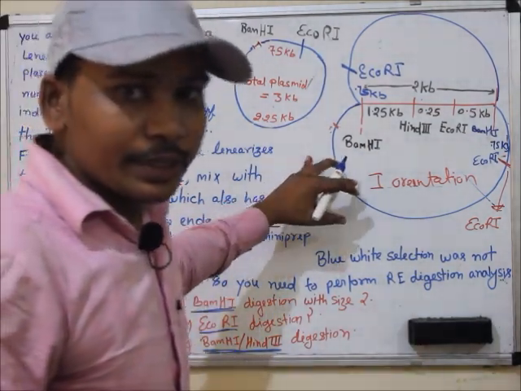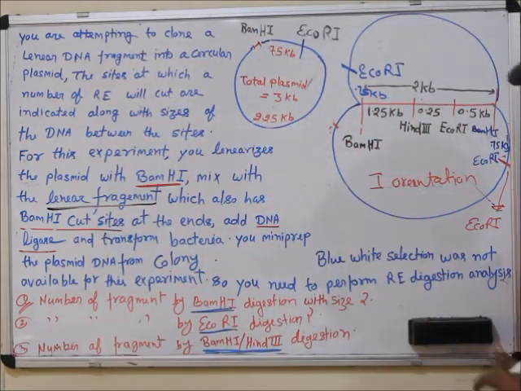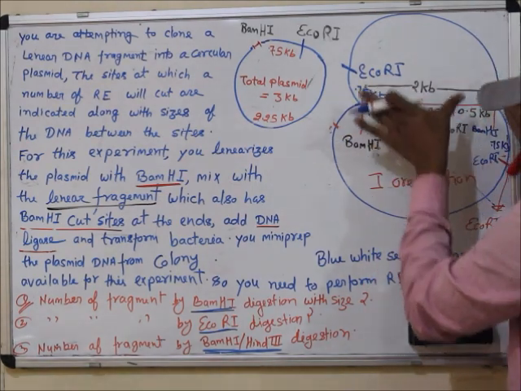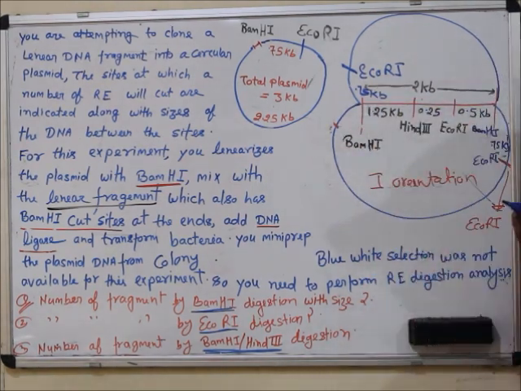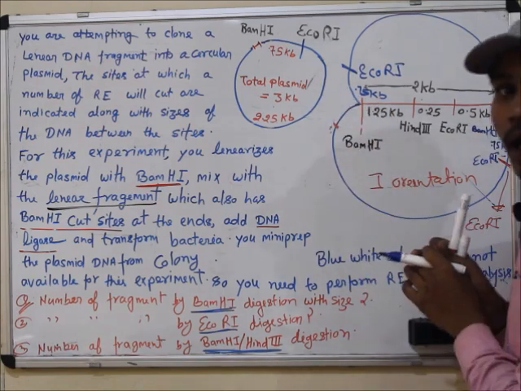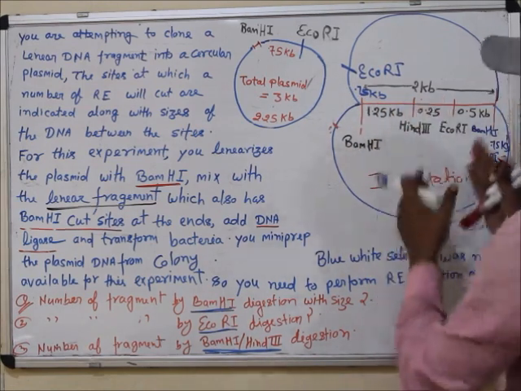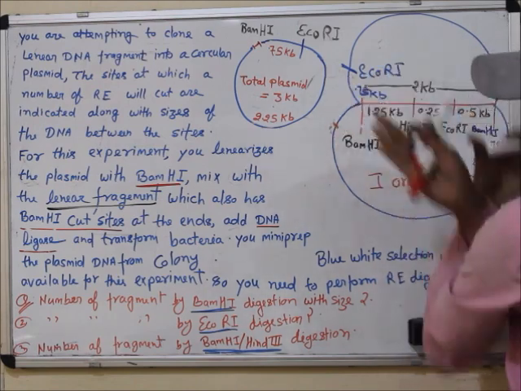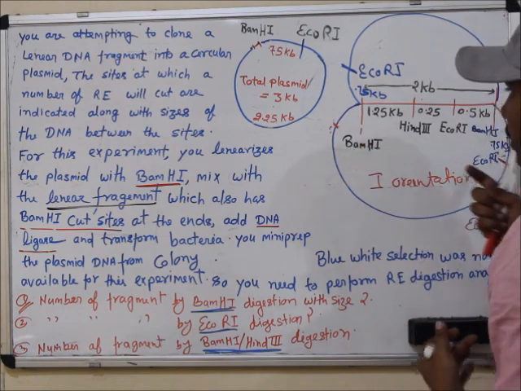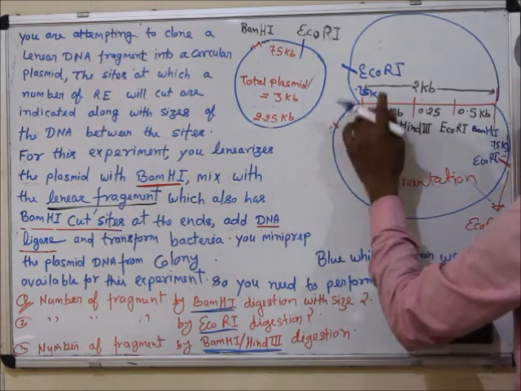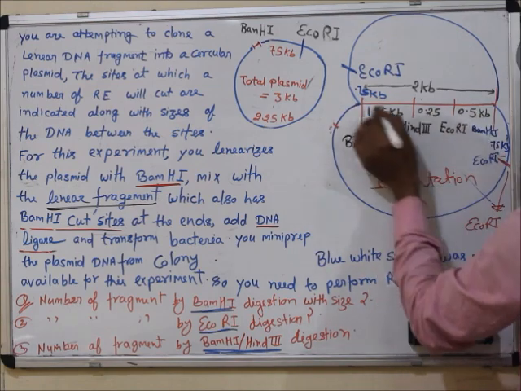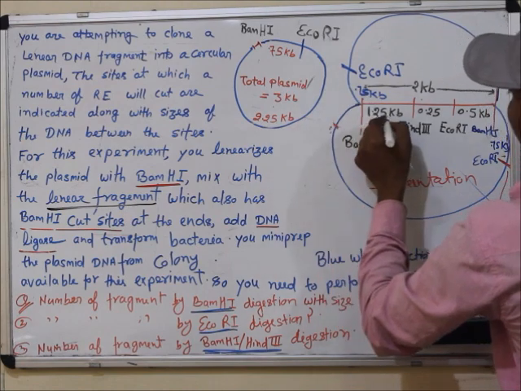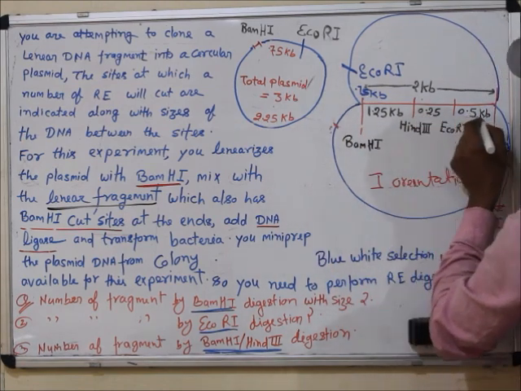Two orientations. The transformation can be completed in two ways: these fragments will be added the same way into the plasmid, or in another condition the fragment could be inverted and added to the plasmid in that orientation. You can say here are these orientations: after that 0.75 kb, 1.25 kb, 0.25 kb and 0.5 kb.